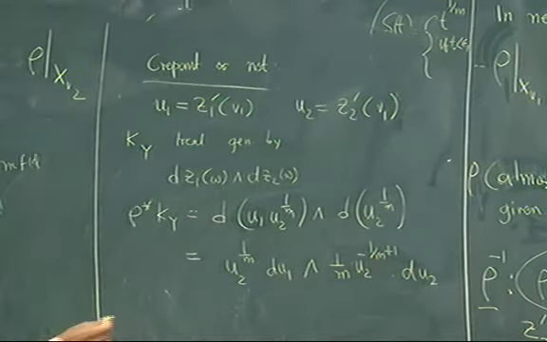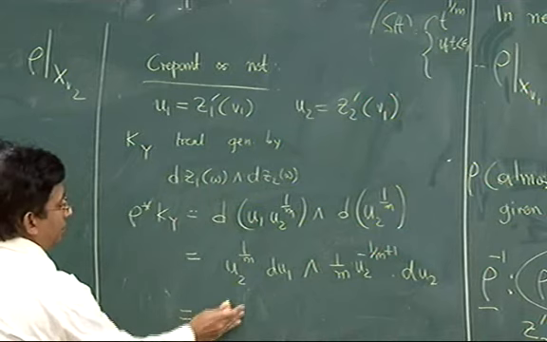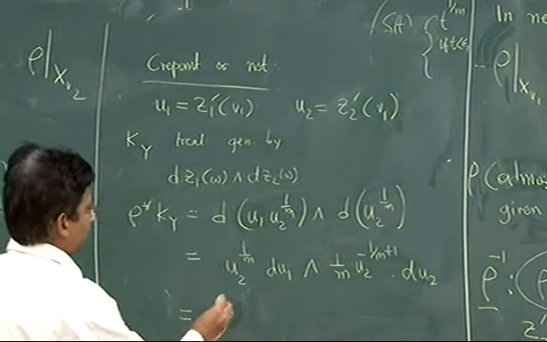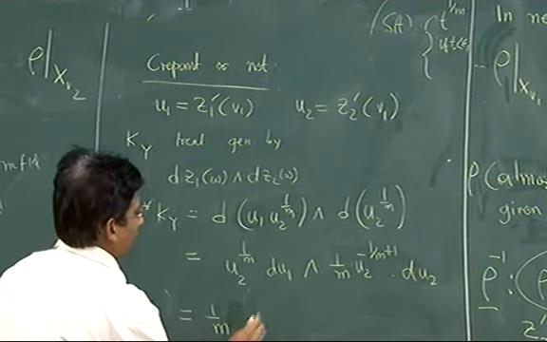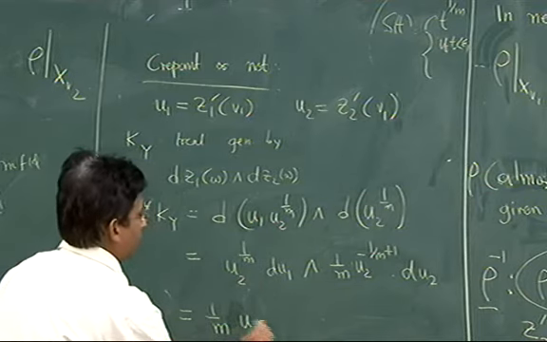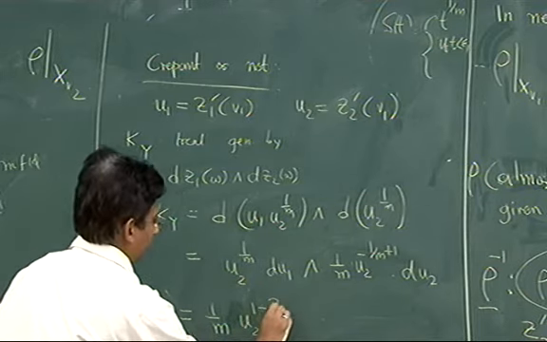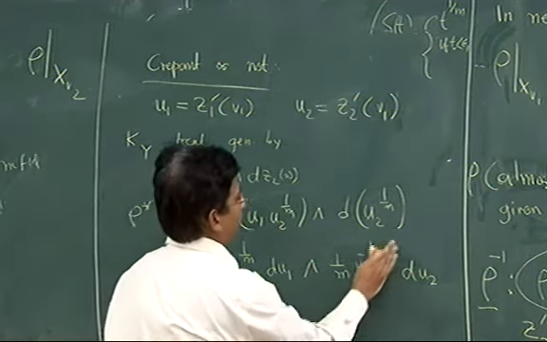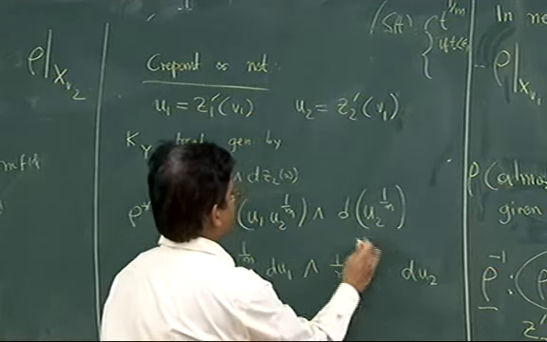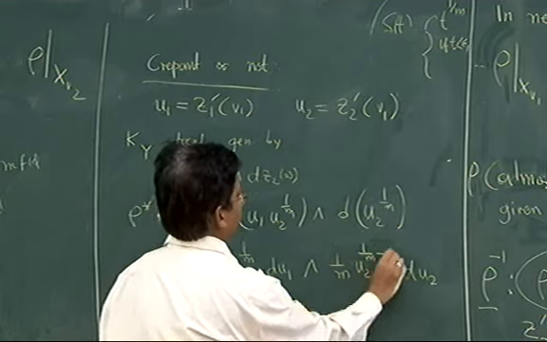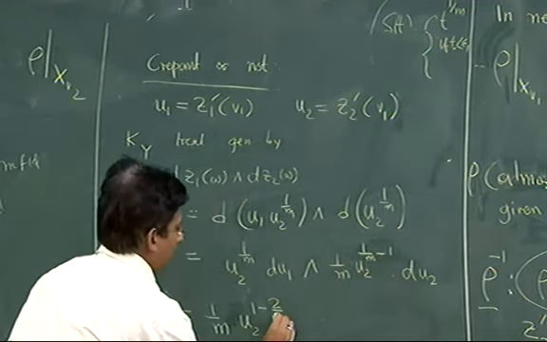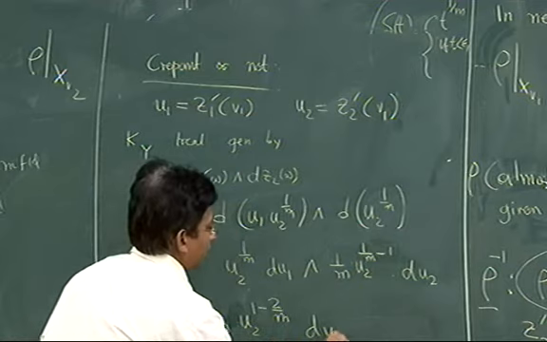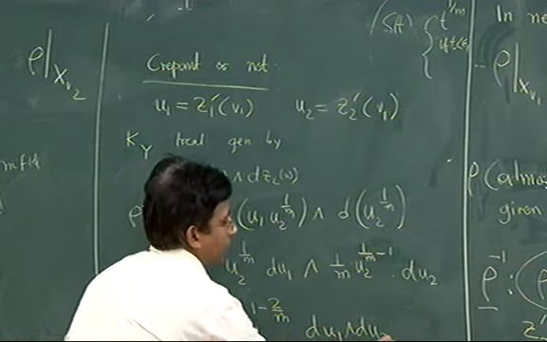So what is this? This is 1 over m U2 to the 1 minus 2 over m, sorry, I made an error. So this is 1 over m minus 1, du1 du2.